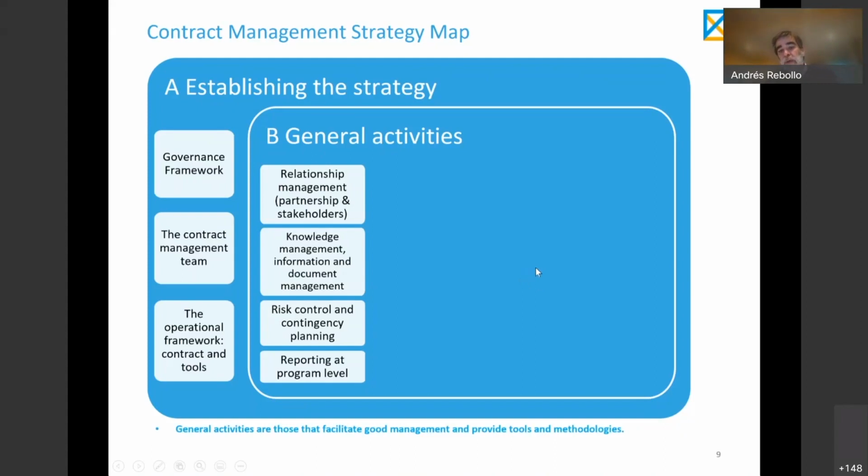Okay, general activities are those that facilitate good management, providing tools and technologies.